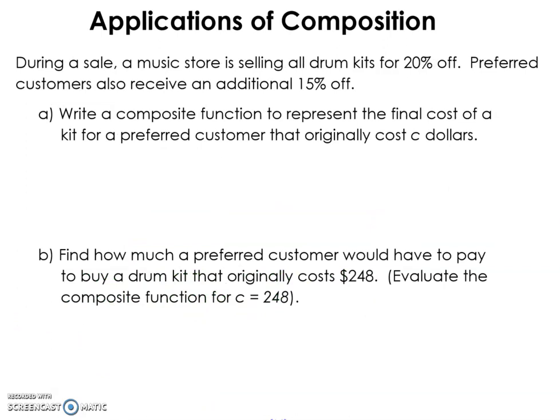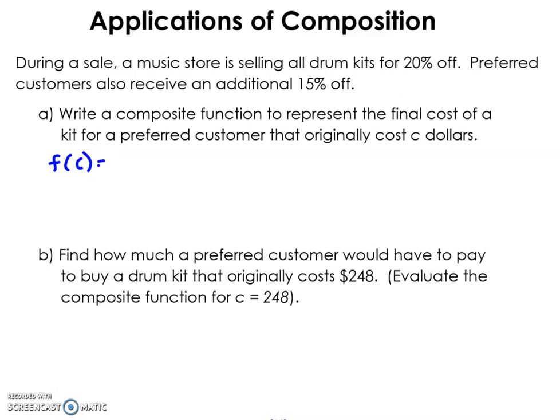Okay, so if we look at one more example, during a sale, a music store is selling all drum kits for 20% off. Preferred customers also receive an additional 15% off. Write a composite function to represent the final cost of a kit for a preferred customer that originally cost C dollars. So first we have to figure out what two functions we're dealing with. So I'm going to call the regular sale f of c.